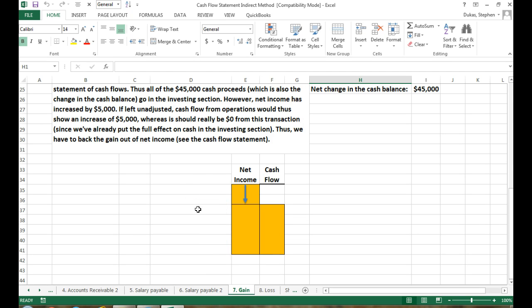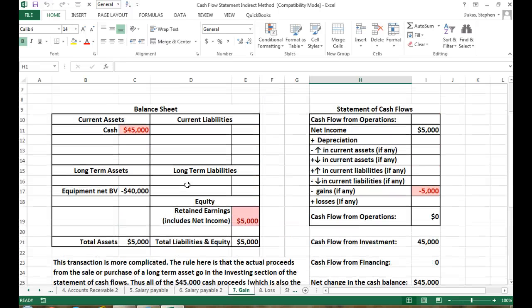Net income has gone up by 5, but as you will see, it should not have from a cash flow standpoint. On the cash flow statement, what we do is we put the entire $45,000 cash in the investing section. It doesn't even go in the operating section.